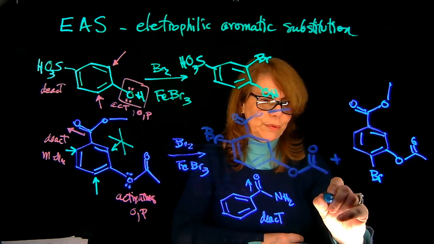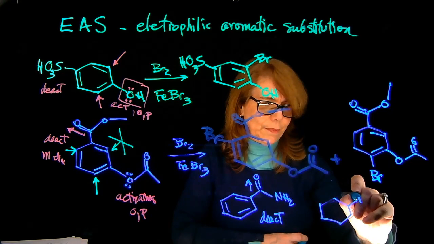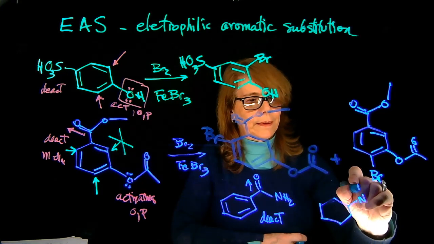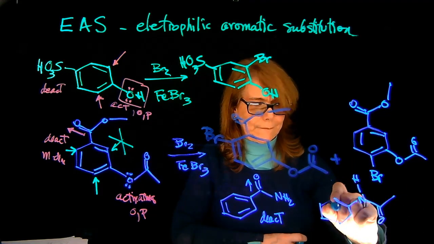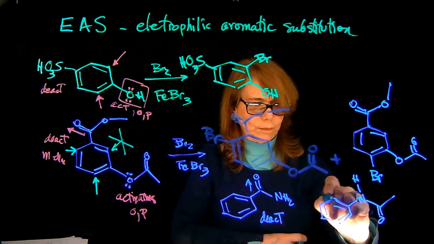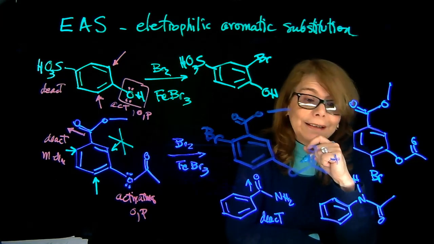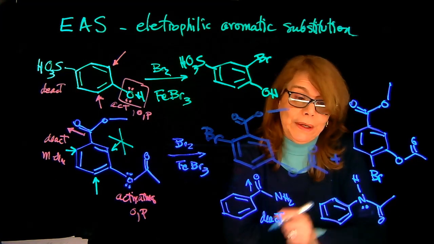And now if I do another amide, and I put the N here, so that's N-phenyl acetamide. Now, directly attached to the ring, you have the nitrogen with the lone pair.